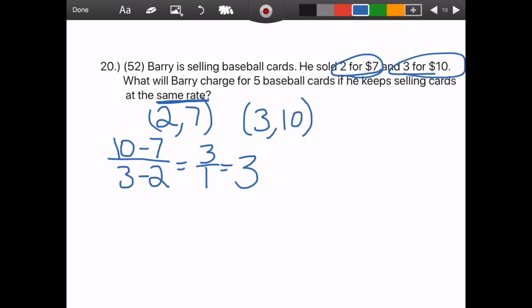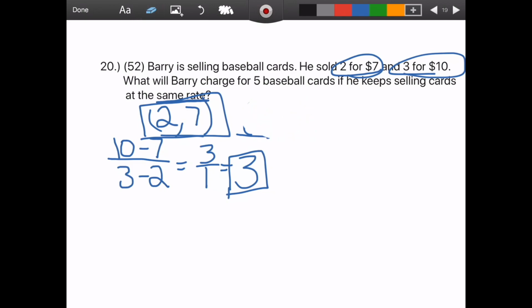So what we want to do is create an equation for this situation. So we have a point, we actually have 2 points, and we have a slope. So we can use point-slope form to get us started on creating an equation. So I'm going to use this point right here, 2, 7, and my slope. I could have used 3, 10, but it doesn't matter, so I'm just going to choose 2, 7.